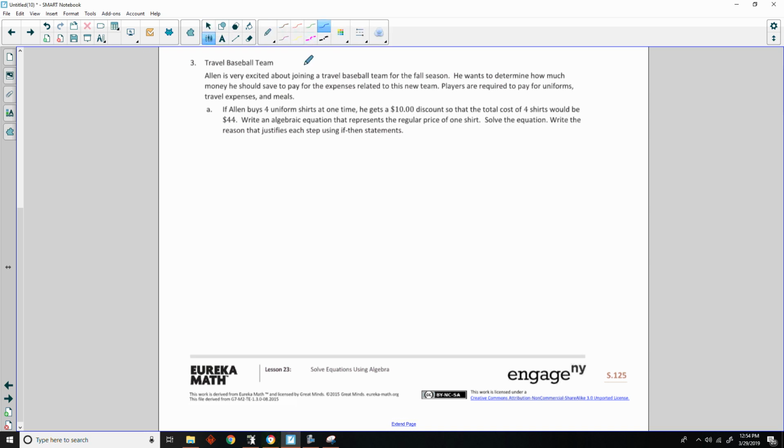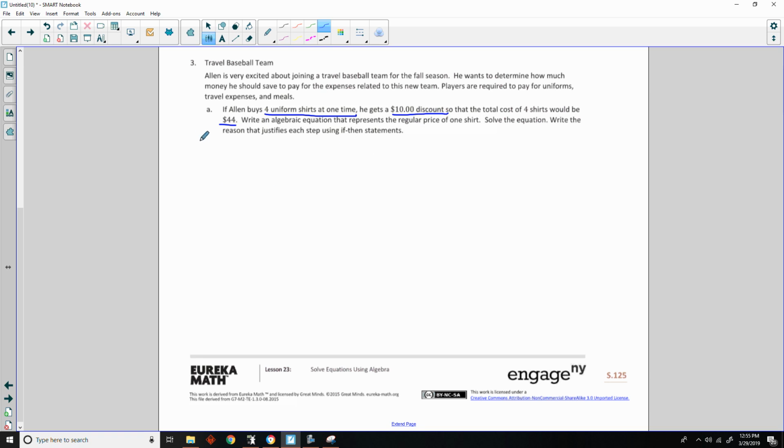If Alan buys four uniform shirts at one time, he gets a $10 discount. So the total cost of four shirts would be $44. Write an algebraic equation that represents a regular price of one shirt. Solve the equation. Write the reason that justifies each step using if-then statements.